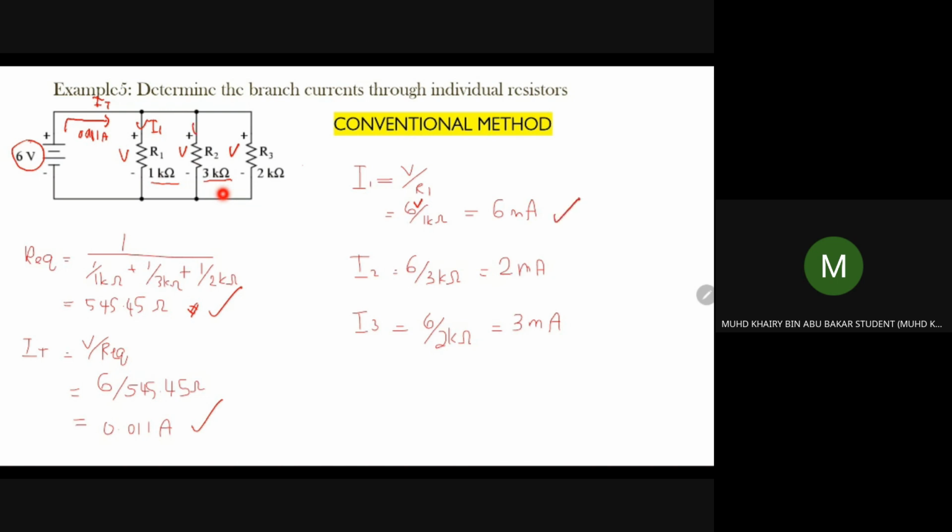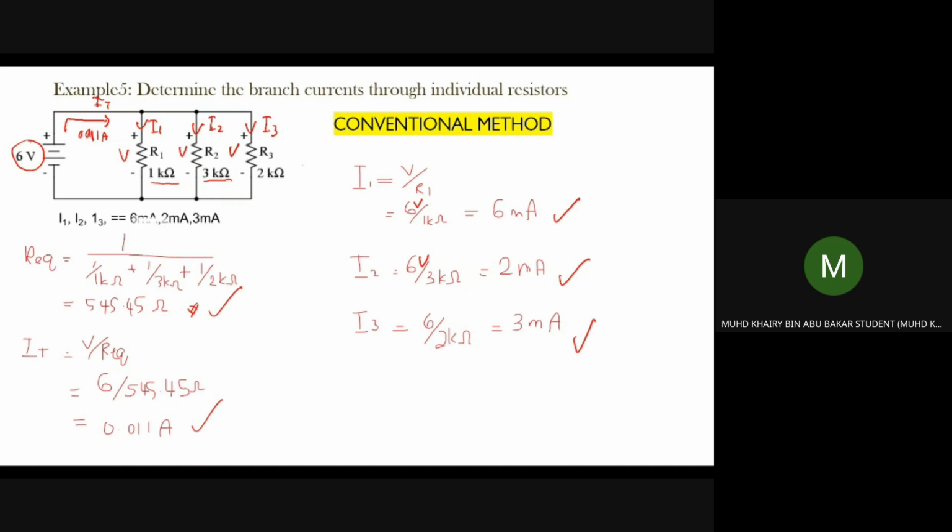I2 is 6 volt divided by 3 kilo ohm, 2 milliampere. I3 is 6 over 2 kilo ohm, equal to 3 milliampere. So you got 6, 2 and 3 milliampere for I1, I2 and I3 using the conventional method.